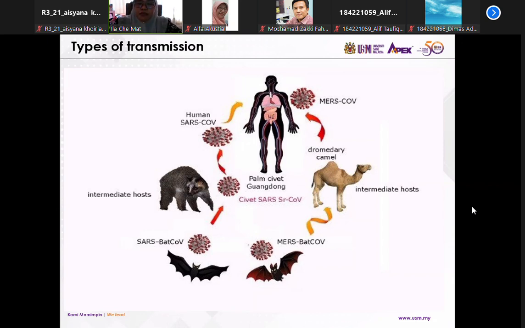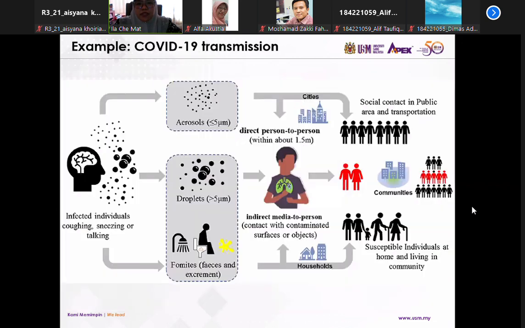Same with MERS-CoV. MERS-CoV is the same coronavirus, but a different pattern because it involves a camel and it happened in the Middle East only. And they say it started from the bat too. All right, so for COVID-19, this is horizontal transmission. There are two ways. One is direct, one is indirect. Direct, of course, is from person to person, from the aerosol itself.